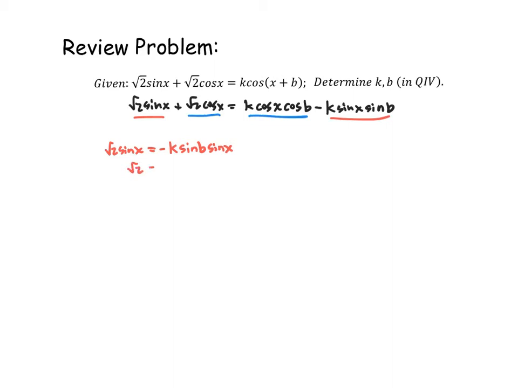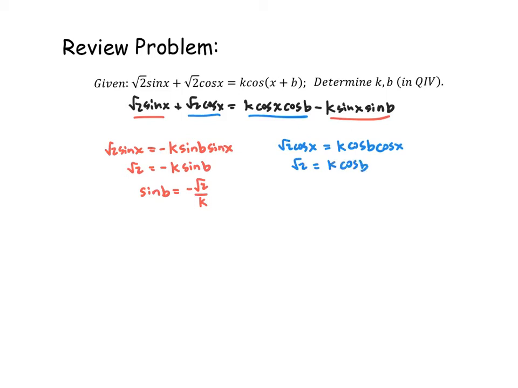Therefore, root 2 should equal negative k sine b, which means that the sine of b should equal negative root 2 over k. Root 2 cosine x should equal k cosine b cosine x. Therefore, root 2 should equal k cosine b.